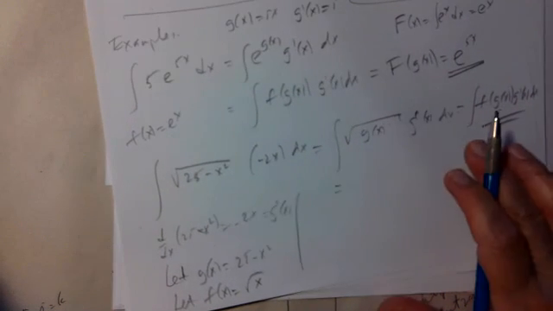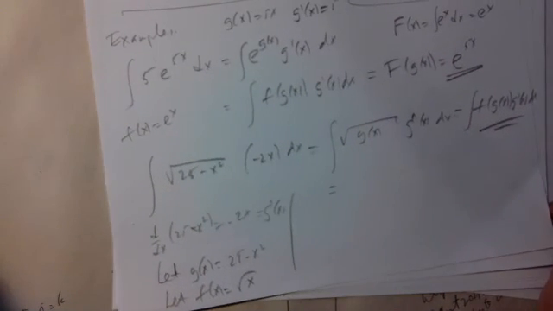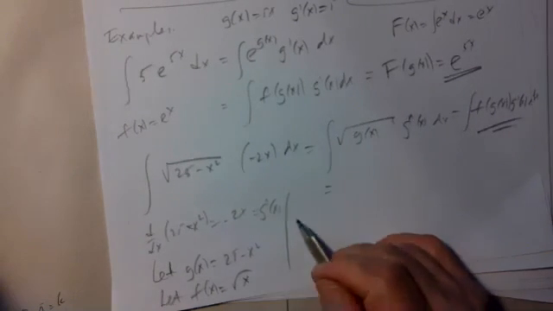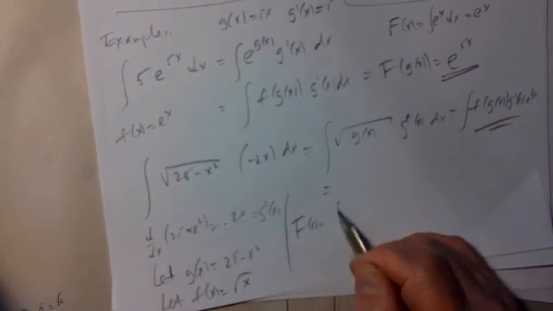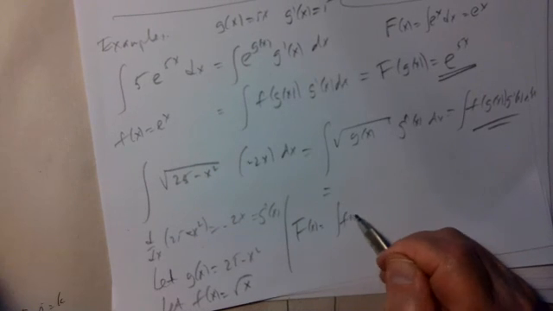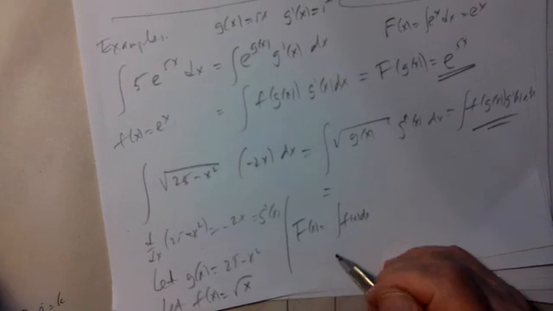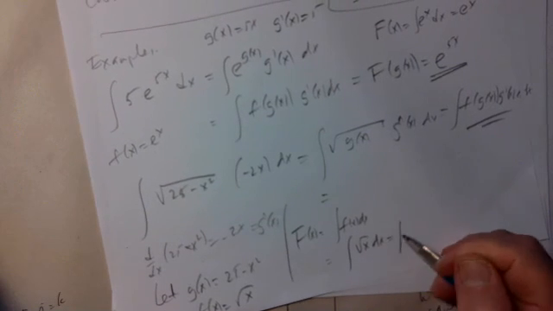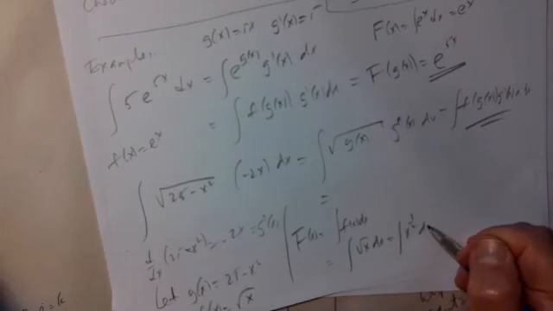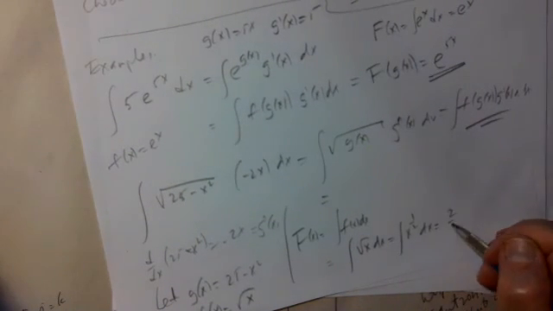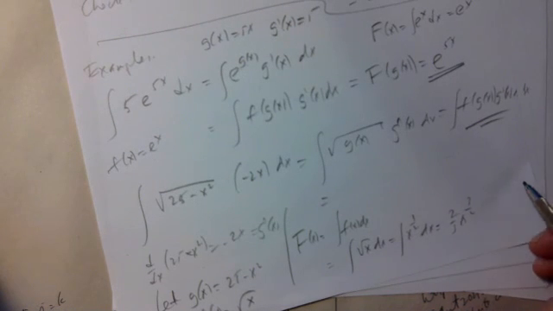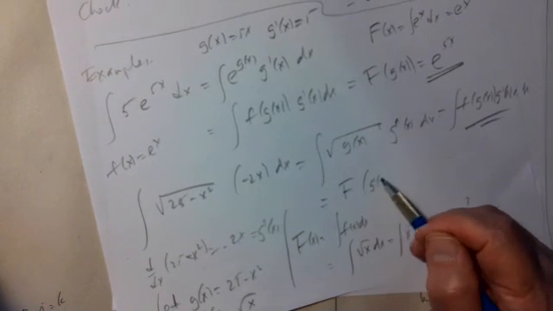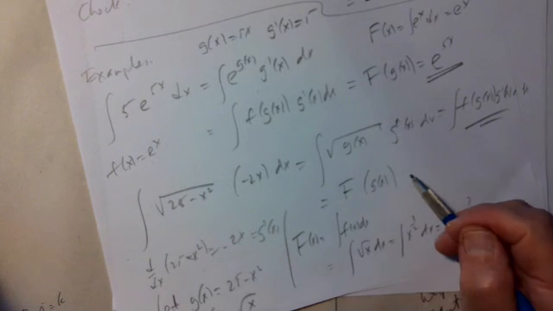Now this is exactly in the form of the substitution formula, because if we let capital F of x be the antiderivative of little f of x, which is the antiderivative of the square root of x, or the antiderivative of x to the 1/2, which is 2/3 x to the 3/2, this is going to be capital F of g of x.